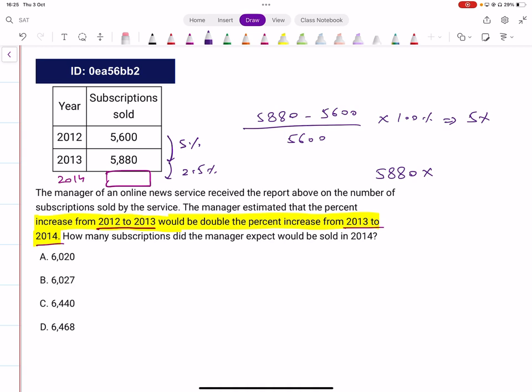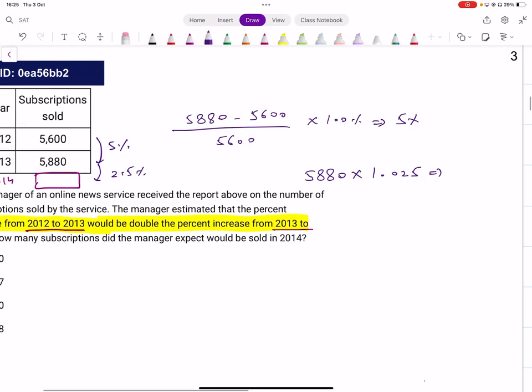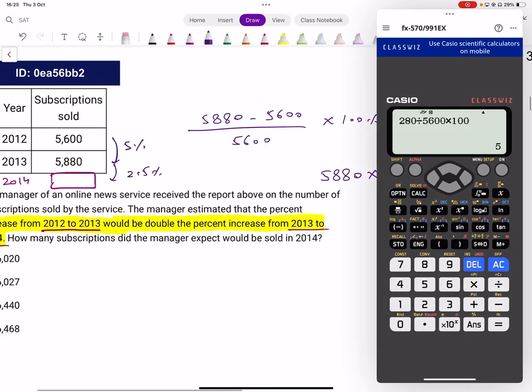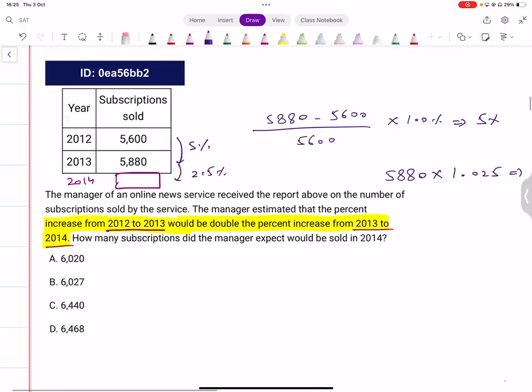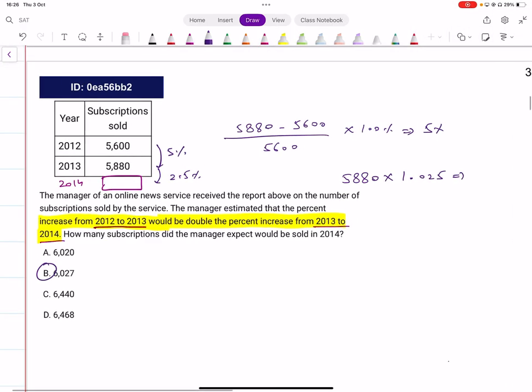That's 1 or 2.5%. In decimals, that would be 1.025. You just multiply by this directly and you get the result. You can see what that is. 5880 into 1.025. 6027, that should be B. Is that okay?